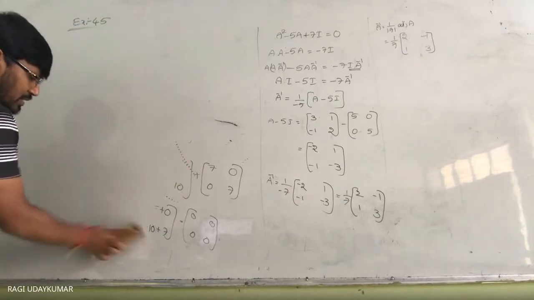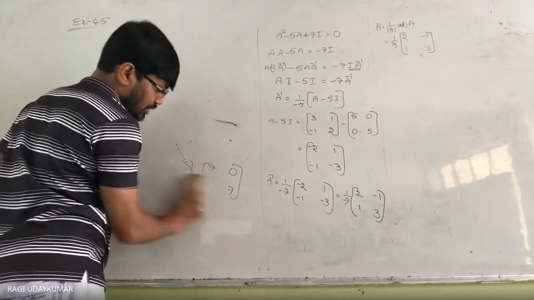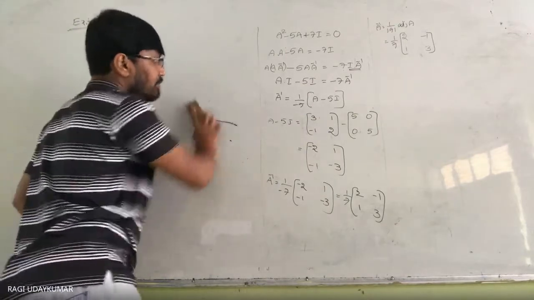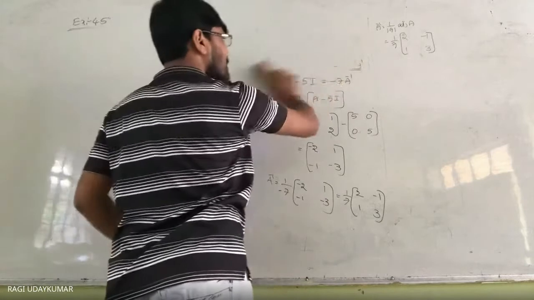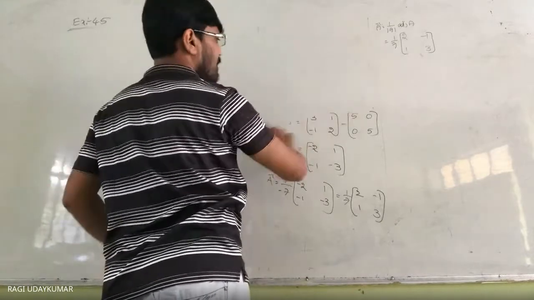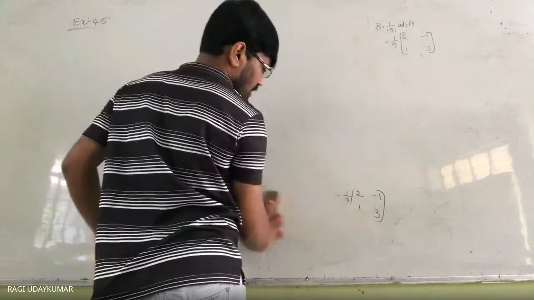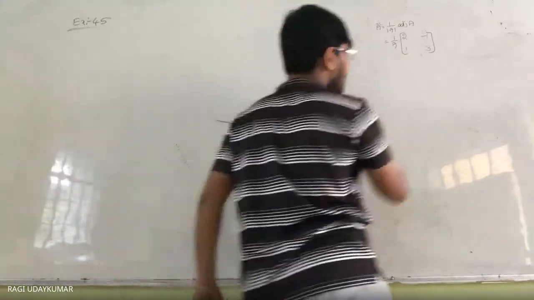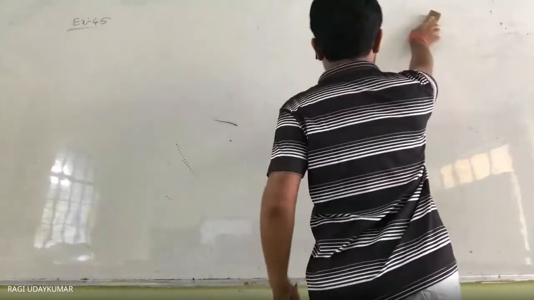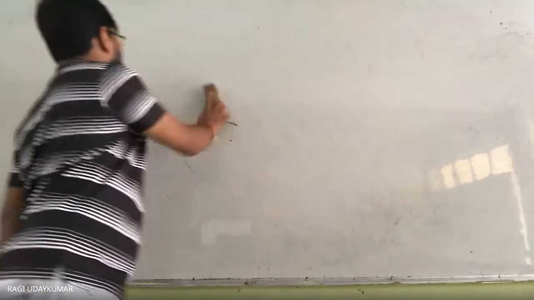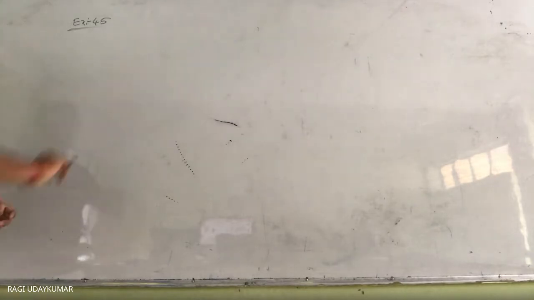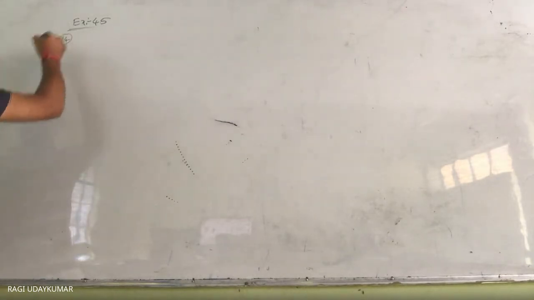The 15th question is very important. That one is a 3 by 3 matrix, while here it is a 2 by 2 matrix. In the case of a 3 by 3 matrix, finding A inverse is a somewhat lengthy process. Okay, let us see the 14th question now.